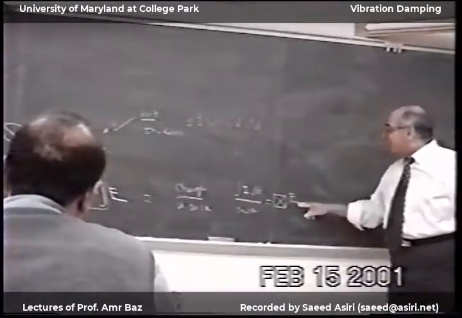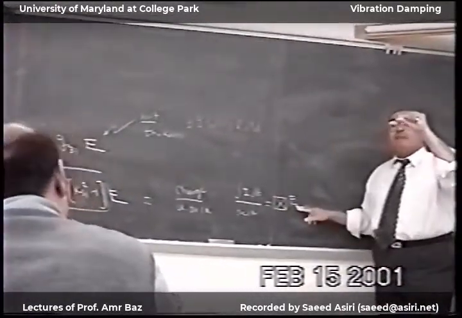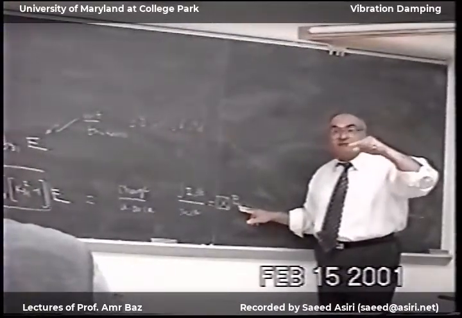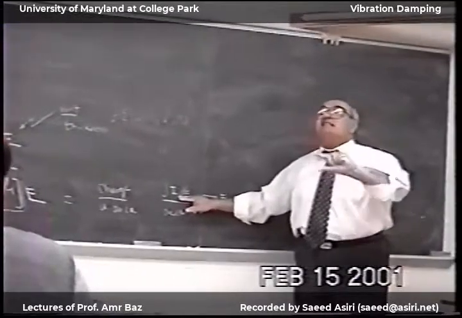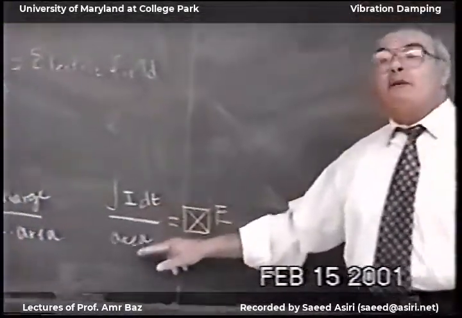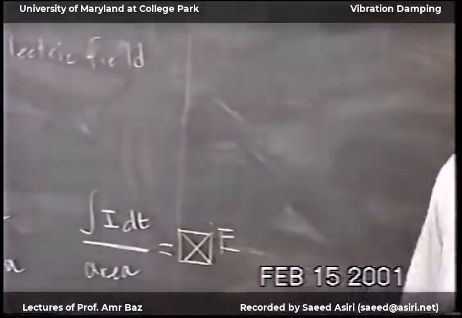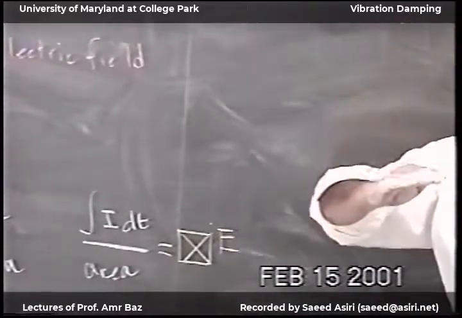So now in effect, if I apply temperature difference per unit thickness or temperature gradient, I'm going to generate the integral of the heat per unit area, or thermal flux, in the material.